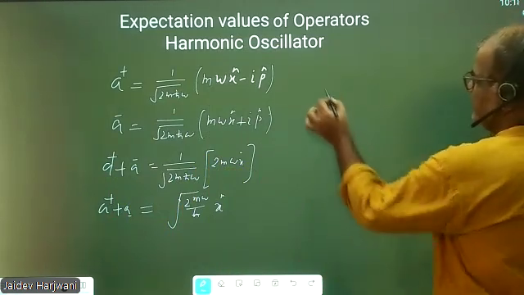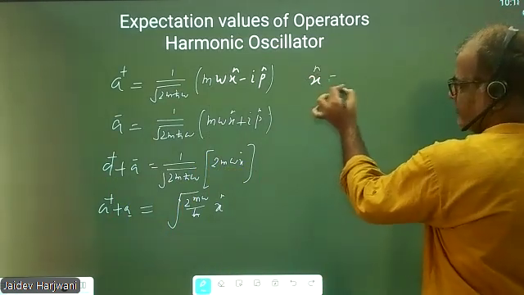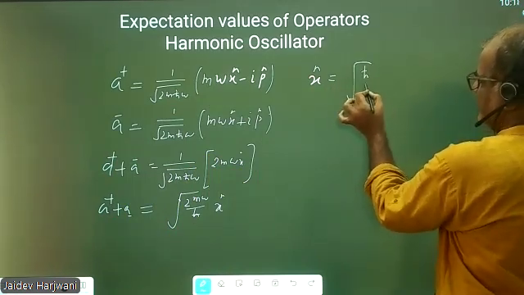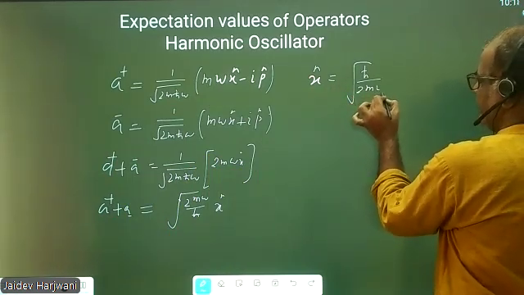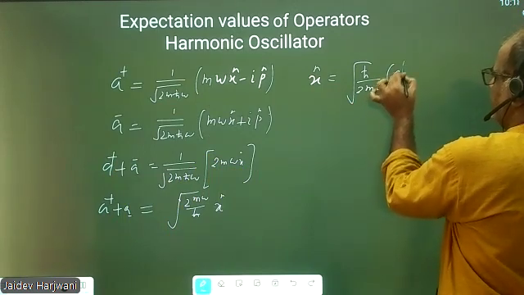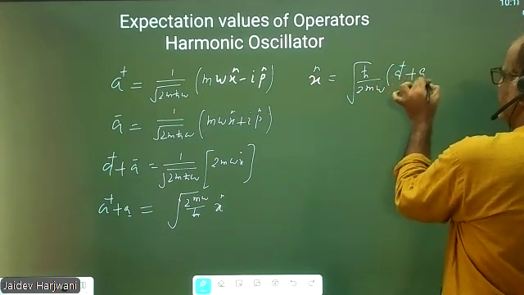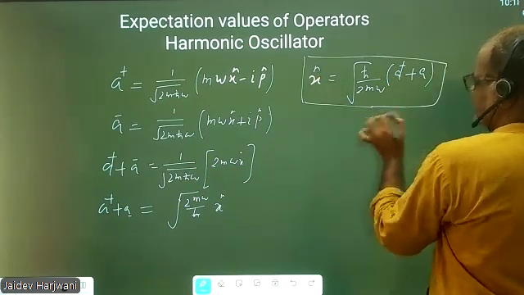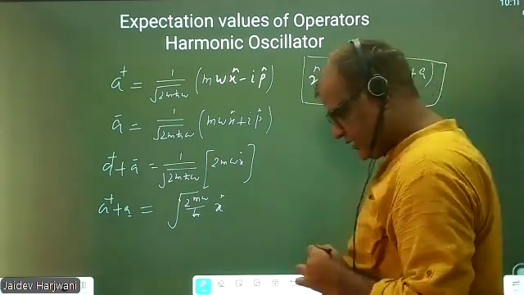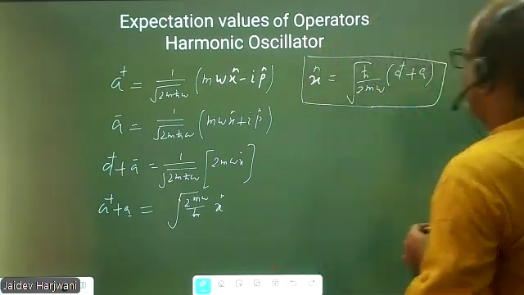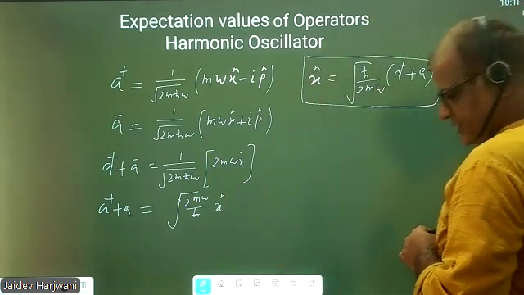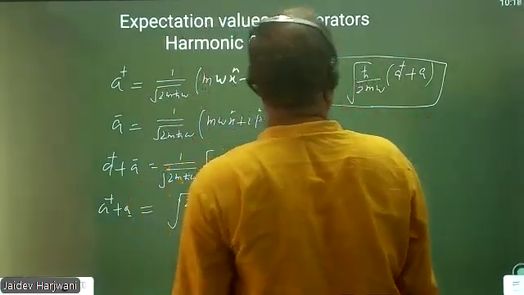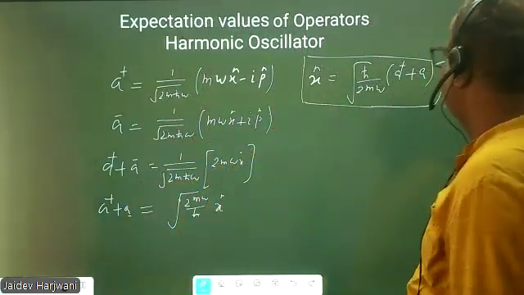So this gives me the x cap value as root of h cut upon 2m omega times (a raising plus a annihilation operator). So this is my operator x value.